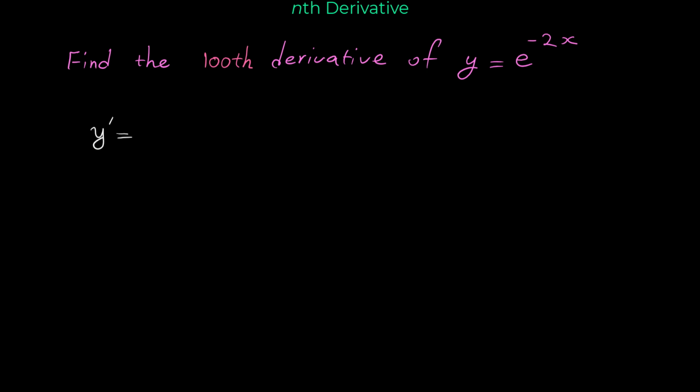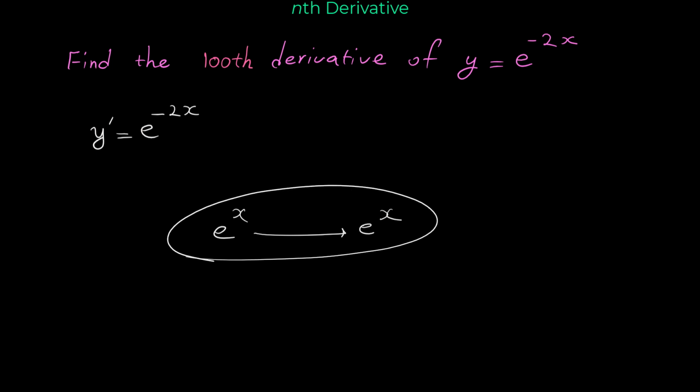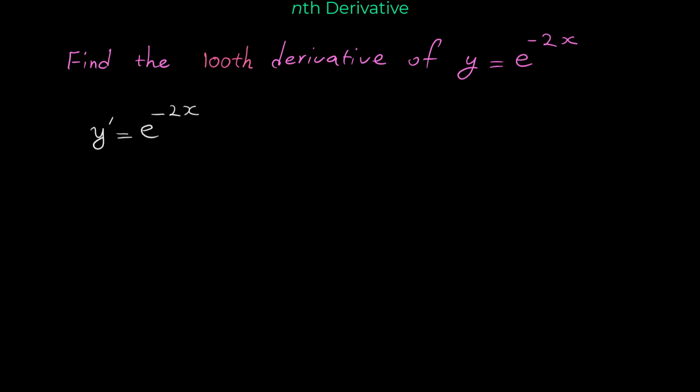For finding the derivative of e to the negative 2x, we remember that the derivative of exponential function is itself. Remember, the derivative of e to the x is e to the x. E to the x is the only function that its derivative is itself. But here we don't have e to the x, we have e to the negative 2x. So we have to use the chain rule.